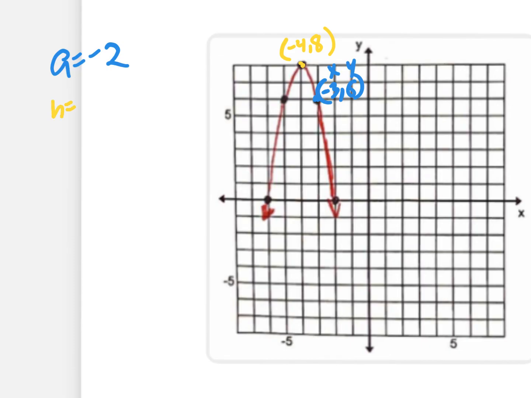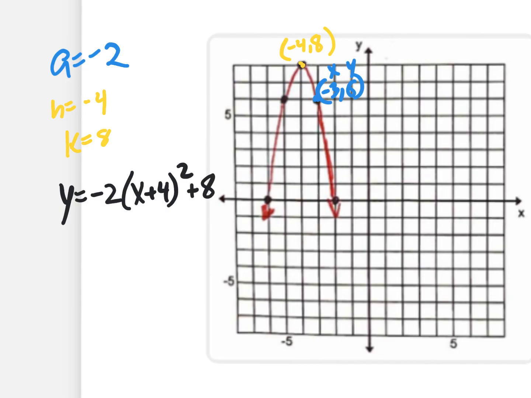So you know your h is -4, you know your k is +8, and now you're able to write your equation. Y equals -2, open parentheses, x minus h, which is a minus -4, which changes to a +4 squared, plus k, which is +8.